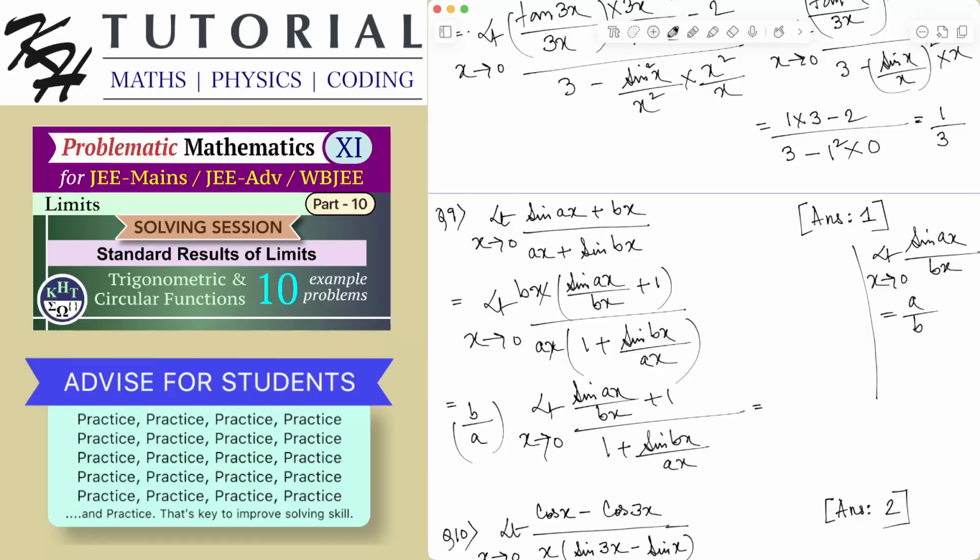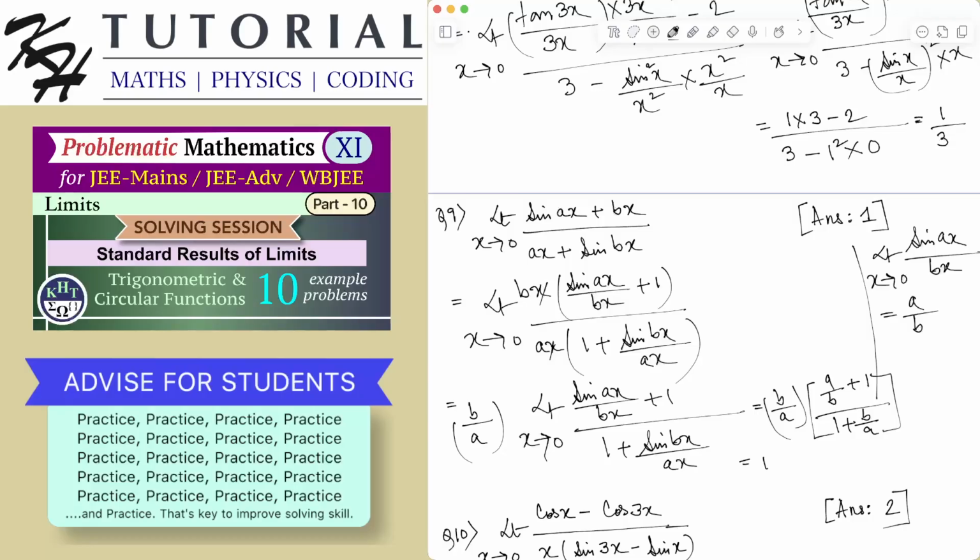This will be equal to b by a multiplied by, now limiting value of sin ax by bx when x tending to 0 will be a by b. So a by b plus 1 divided by, again limiting value of sin bx by ax when x tending to 0 will be b by a. So this is 1 plus b by a.